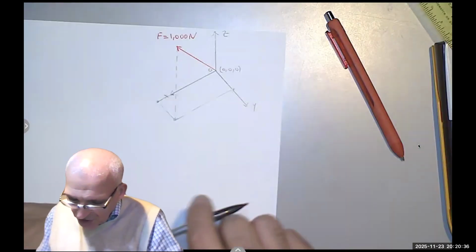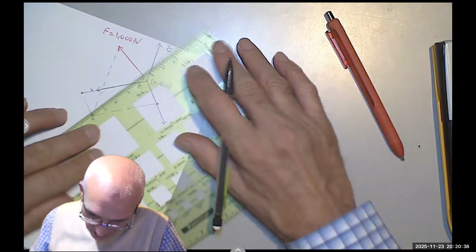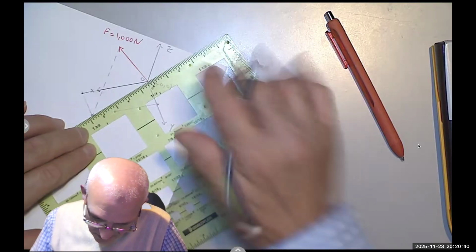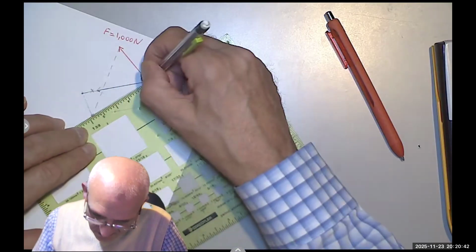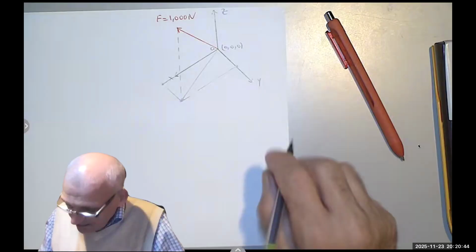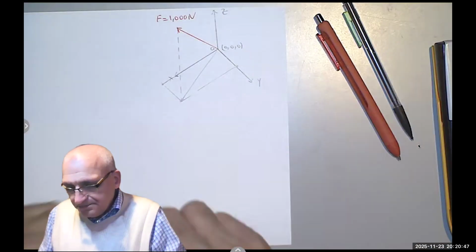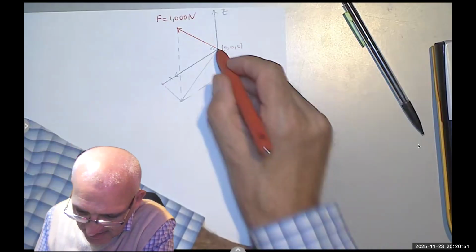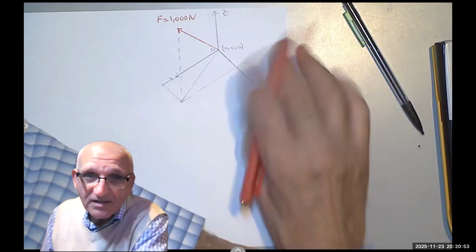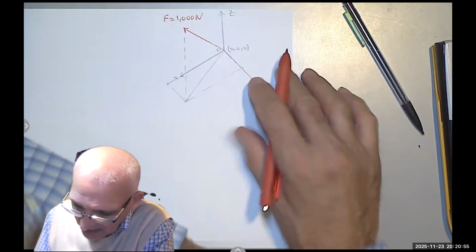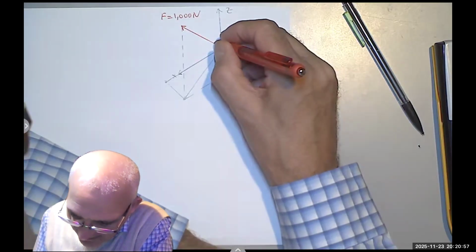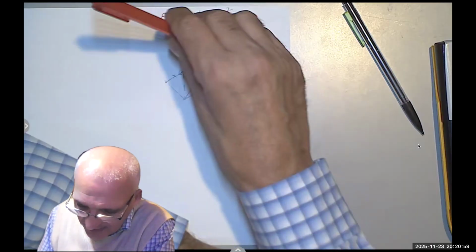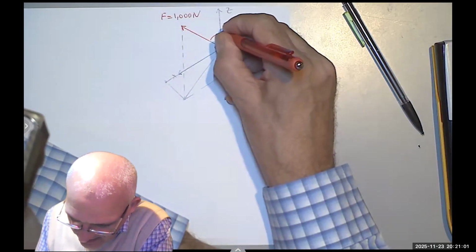So what you are given is basically here you have a force of magnitude 1,000 Newton. And you have the angle between this line in space and the z-axis.